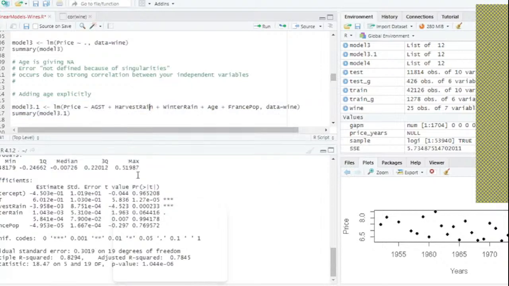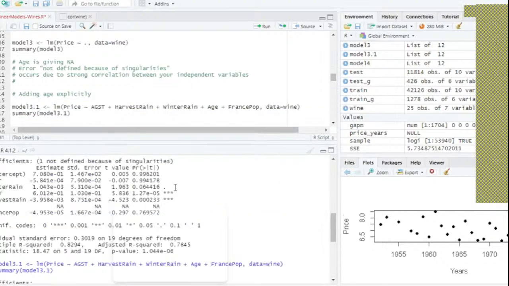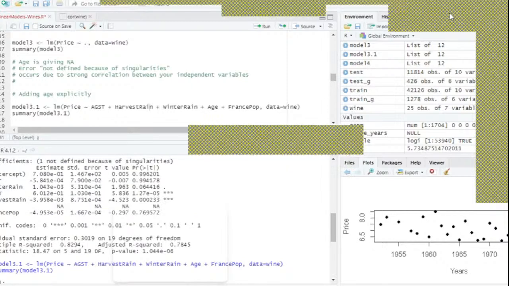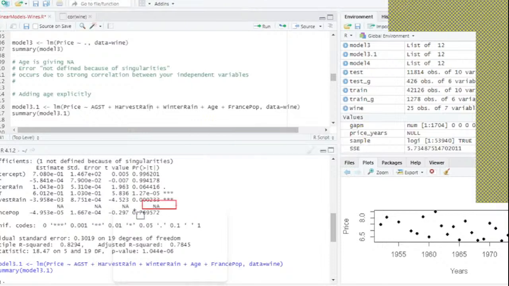Dot did work, but because there was high multicollinearity between age and France population, the impact is going to be the same, because both of these are correlated. They are going to have the same impact on the y variable, right? Yes, because they are highly correlated, the impact is going to be similar on the y variable.